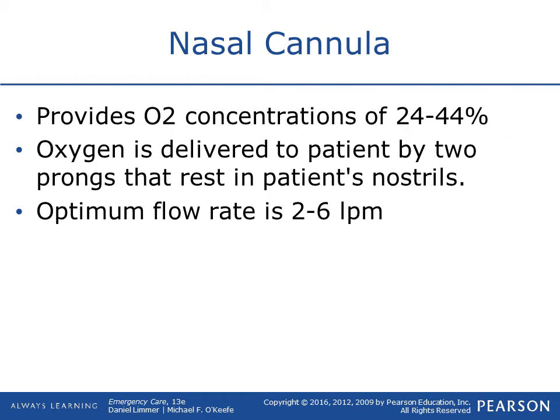As it goes in the nasal prongs, you're going to want to set that at 2 to 6 liters a minute, depending on how much you think they really need. You never want to go more than 6 liters a minute on that nasal prong. That's going to be way too much airflow and too much pressure going into the patient's nose.